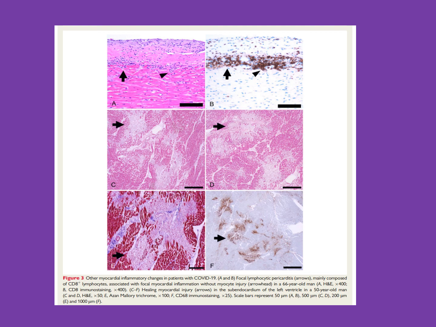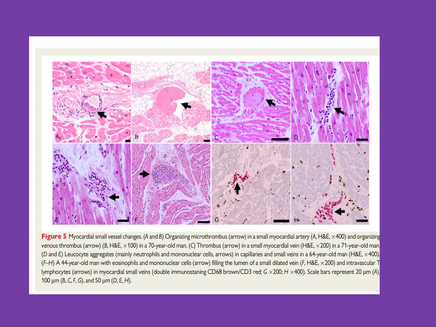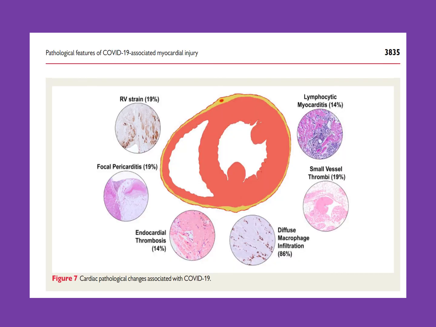Other myocardial inflammatory changes in autopsy are focal lymphocytic pericarditis. They also see some sort of healing myocardial injury in the myocardium. Other changes are right ventricular myocardial injury consistent with strain here. Also, they have damage in the small vessel, myocardial damage, and organizing microthrombi.